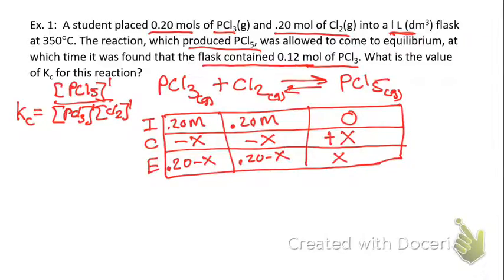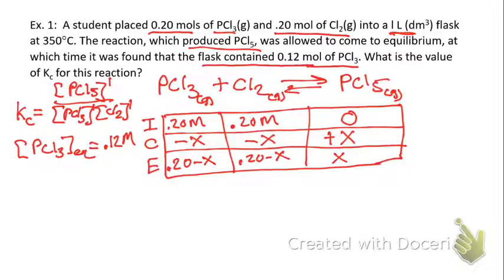The question is, do we have any clue of what x might be? And the answer is yes. What we know is that the equilibrium concentration for PCl3 is equal to 0.12 molar, because you're going to take your 0.12 moles of PCl3 and divide it by 1 liter, which is the volume of the container, and you get 0.12 molar.